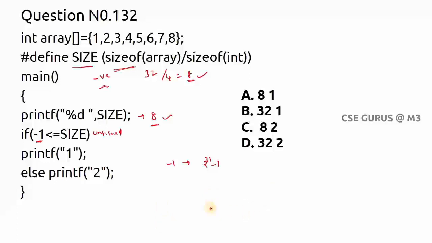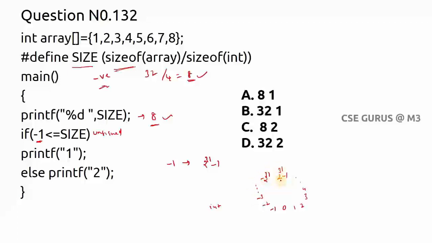If it is a signed integer, the values are like this: 0, 1, 2, 3, 4, 5, like this up to 2 power 31 minus 1. On the negative side, the values are -1, -2, -3, like this up to -2 power 31. So when you decrement like this, it reaches -2 power 31.